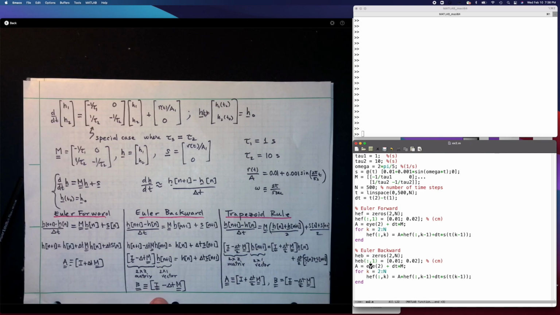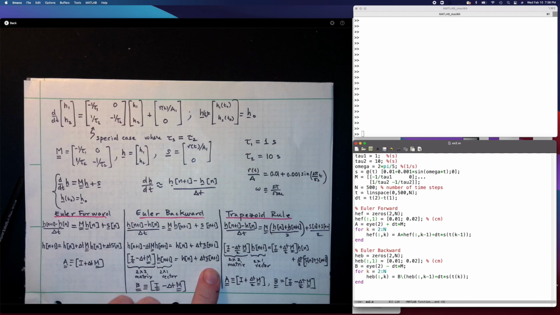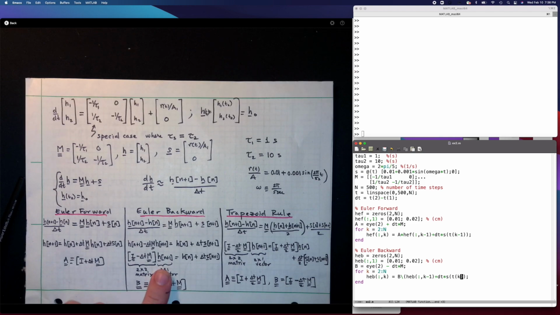Now for the Euler backwards, this now becomes a minus, and to stick with my notation, this is what I'm calling B. This is Euler backwards, and this becomes B backslash H Euler backwards at time step k minus 1 plus delta t s n. Here, this will be at time step k, right? This is at n plus 1.